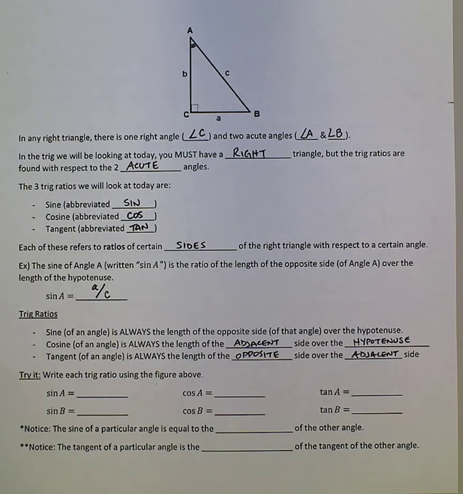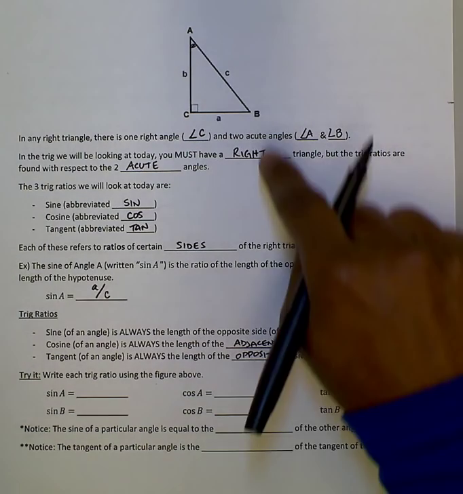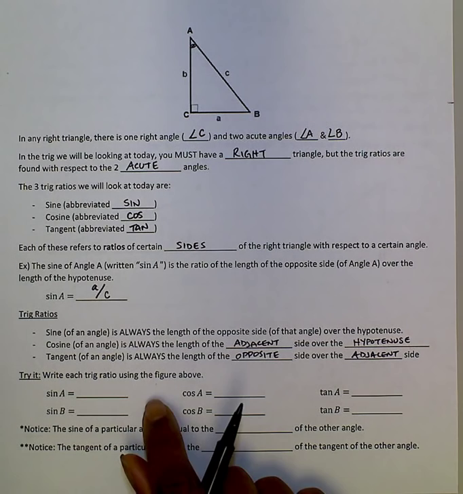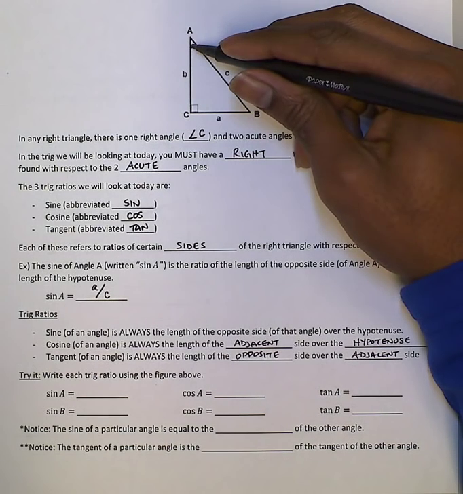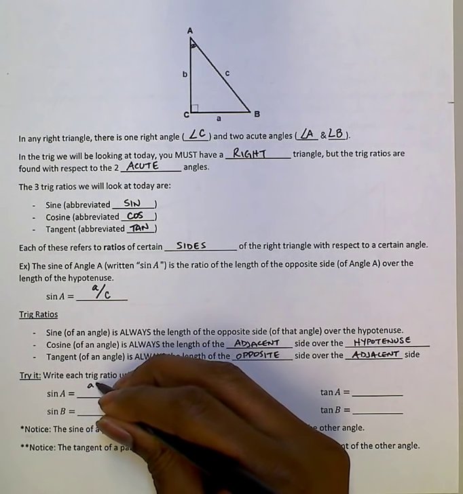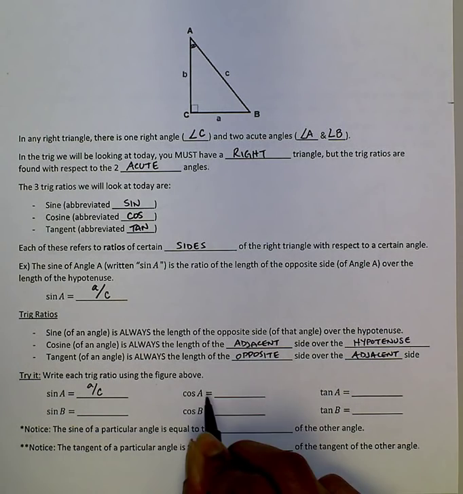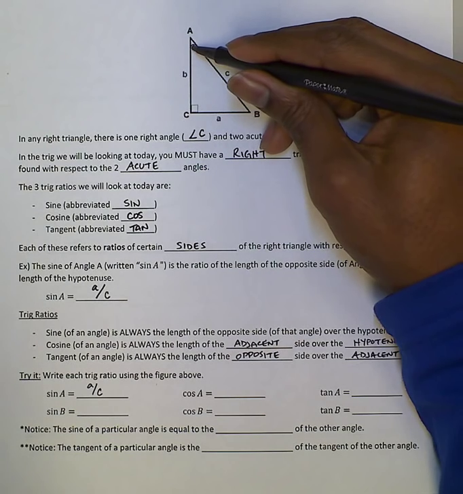Looking at this triangle at the top here, we're going to write the trig ratios. We have sine A. Sine is opposite over hypotenuse, so sine A is opposite A over the hypotenuse C. Cosine A: the adjacent is the side that's next to it, the side that does make up the angle but is not the hypotenuse.